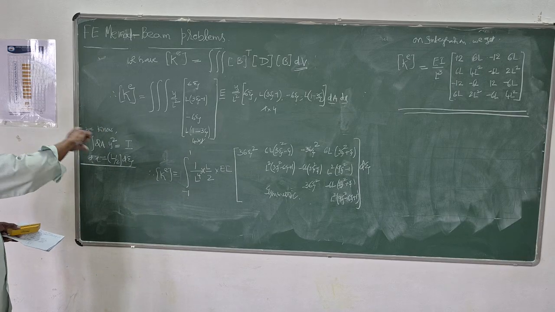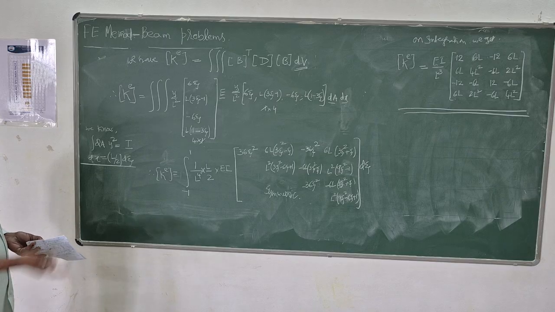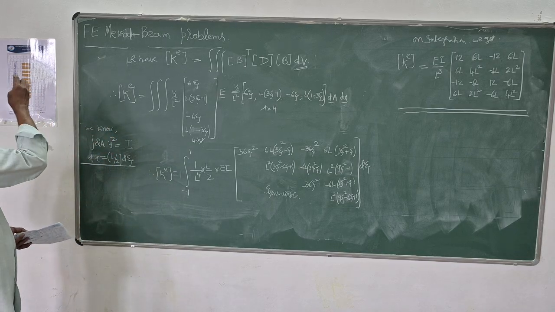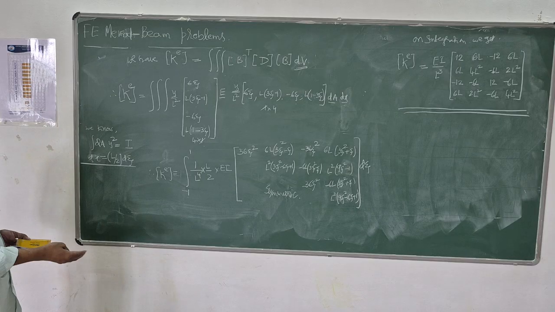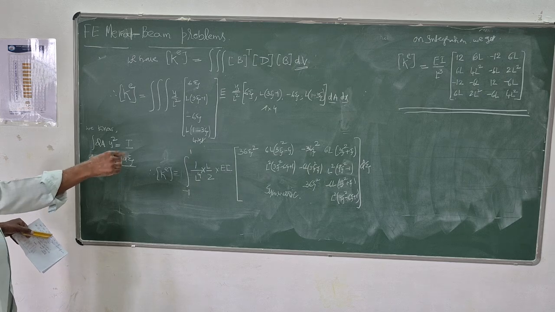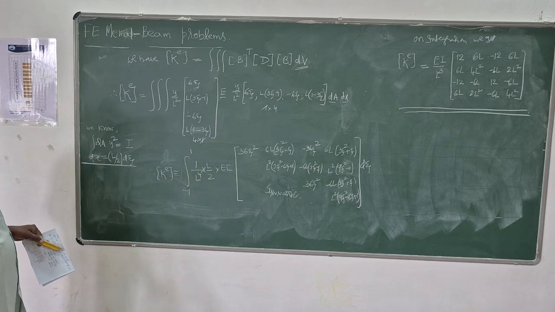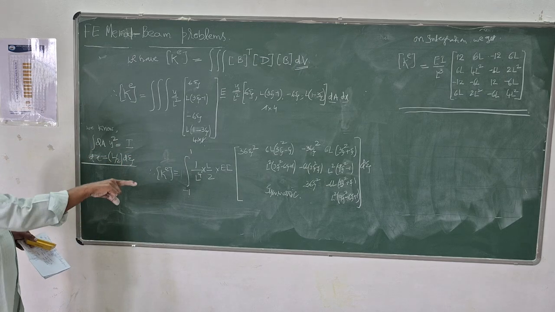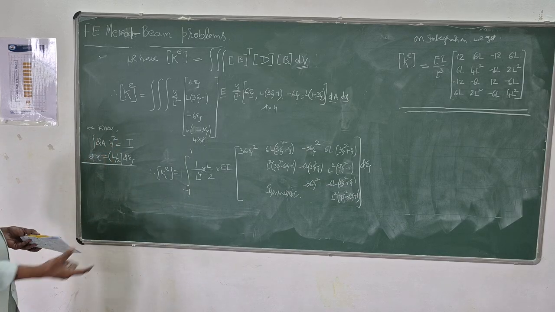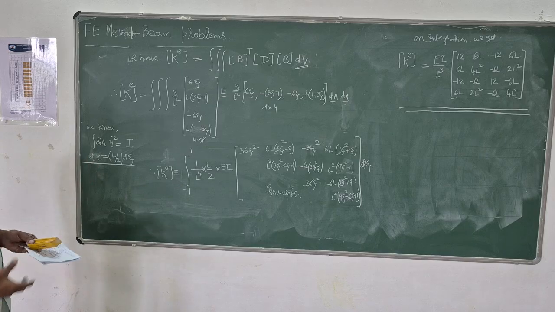And finally, find an expression for V, then find an expression for theta, find an expression for moment, shear, and using the bending equation, M by I is equal to sigma by y, get sigma, then finally get the expression for strain, and that strain is nothing but BD, the strain displacement matrix.